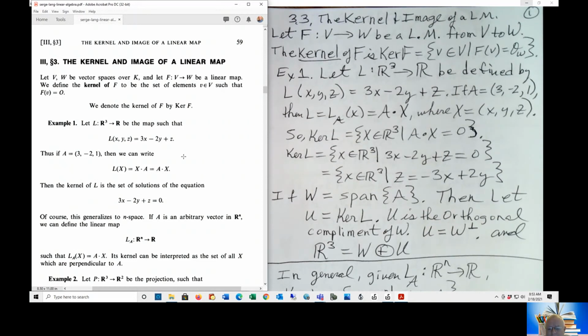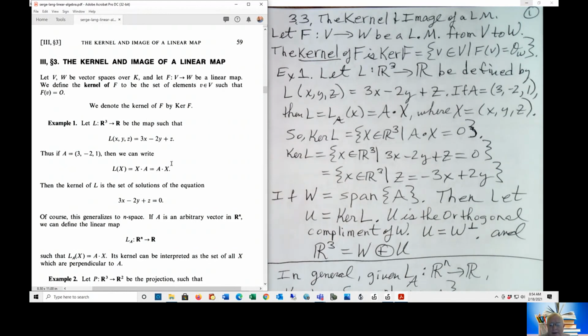If we let W be the span of A, and then let U be the kernel of L, then U is the orthogonal complement of W. And we have that R3 is the direct sum of W and U. So that relates it back to direct sums. Now that was not in the textbook, but I wanted to add that in there.